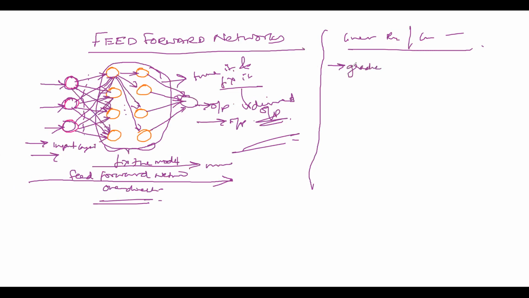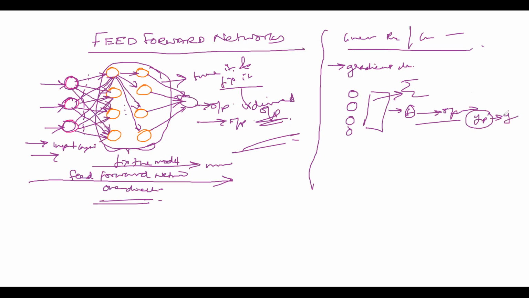In linear or logistic regression, this is my input, here a summation happens, then a function is applied, and then the output comes. Once the predicted value, let me say yp, is there, I match it with ya and find the error.